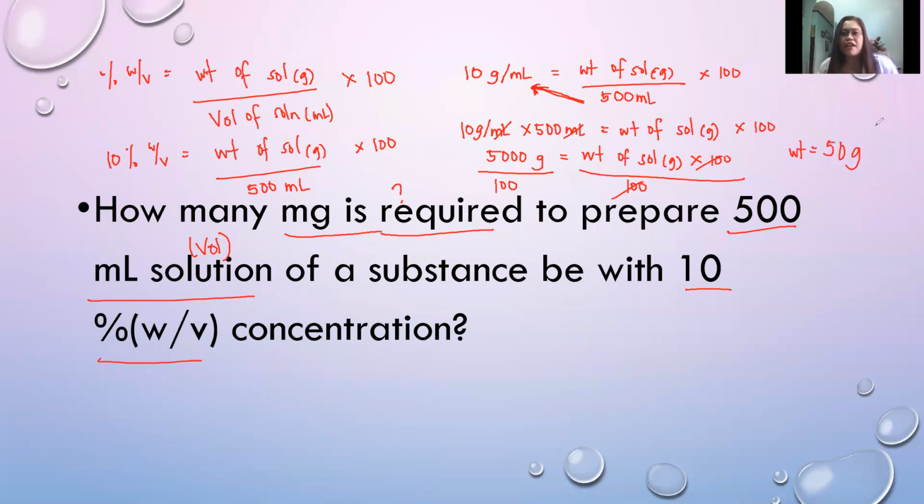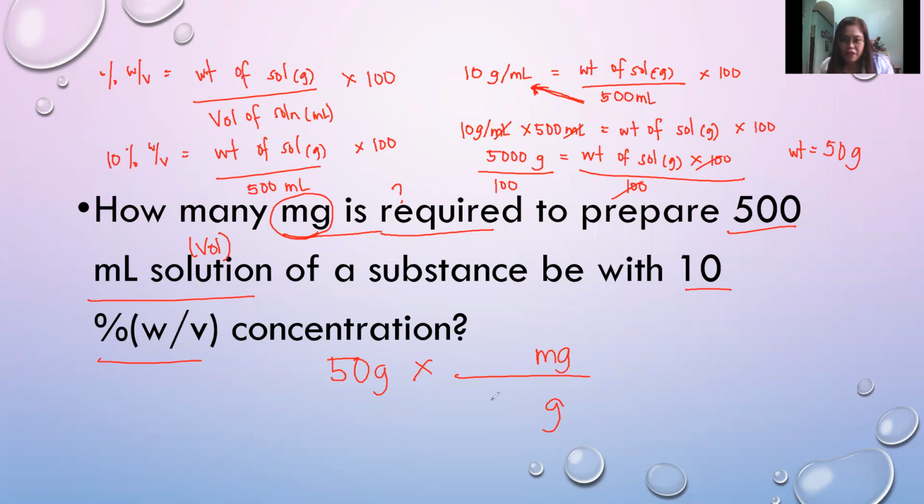Again, it's 50 grams. But we are not yet done. Though we have computed for the weight of the solute, ang required niya is milligrams. So you have to convert pa. So 50 grams, our conversion factor is grams sa baba, kay para makancel milligram sa taas.